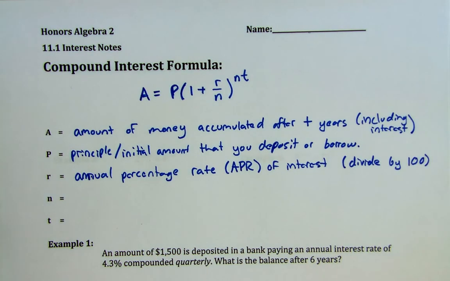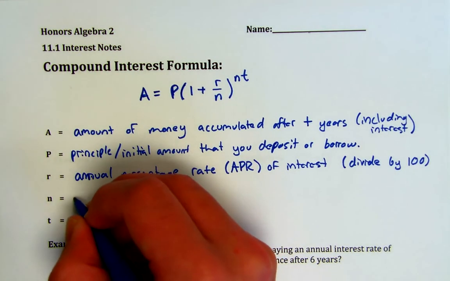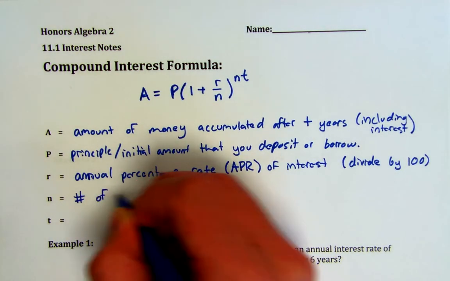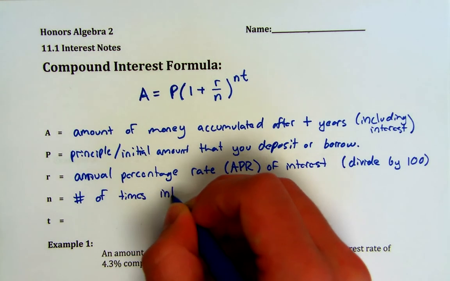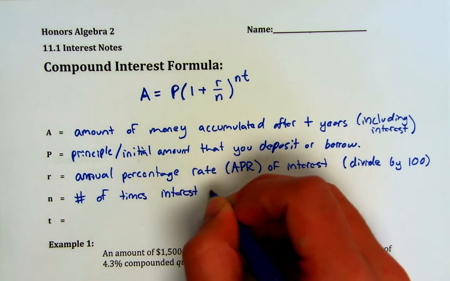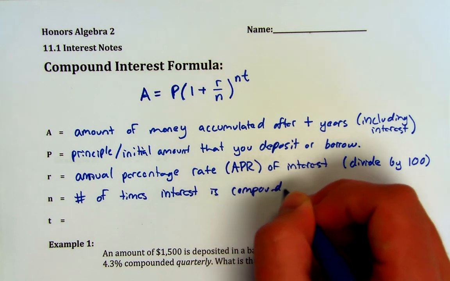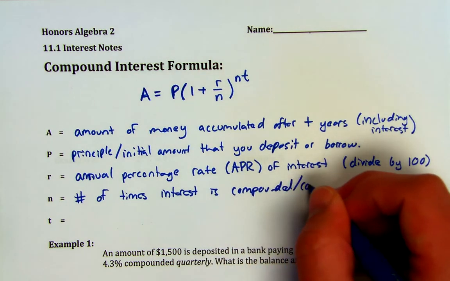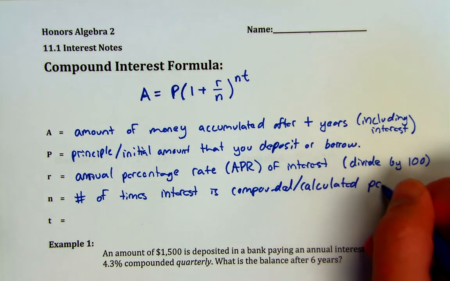N is the number of times the interest is compounded or calculated per year. So the number of times interest is compounded, calculated per year.